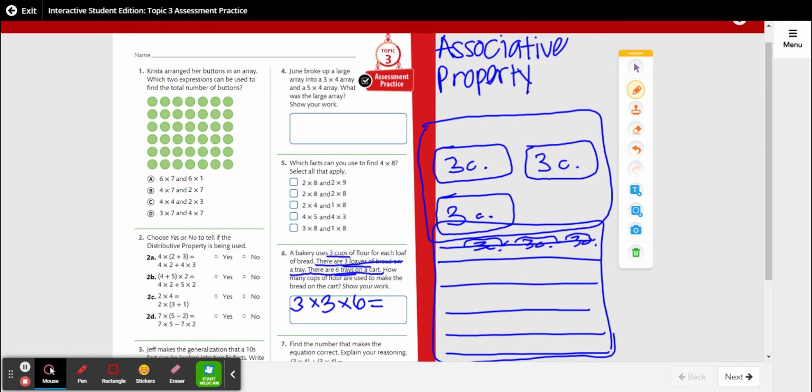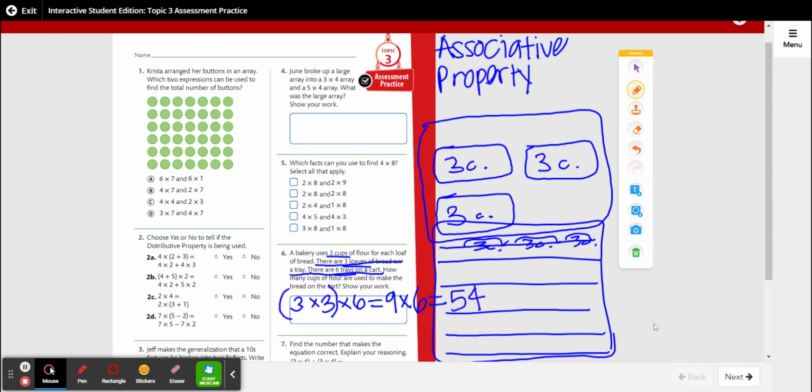For me, I think it's easiest to group the 3 and the 3 together. So 3 times 3 times 6. Now I'm just trying to figure out what is 9 times 6. Well, I do know my 9's facts, and I know that 9 times 6 equals 54.